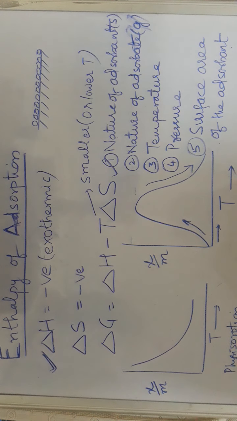So the gases of the 18th group, inert gases, are less adsorbed compared to gases which are polar in nature, like ammonia or sulfur dioxide. Gases which have a high compressibility factor, which can be compressed easily, get adsorbed more.